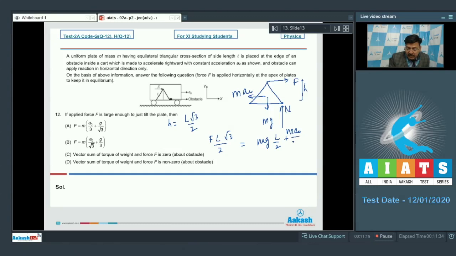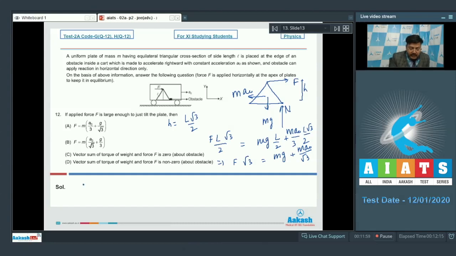So it's ma0 by 3 into L root 3 by 2. Let's simplify. This gives us F root 3 is equal to mg plus ma0 by root 3, right? L by 2 goes everywhere, so okay, this is what it is.